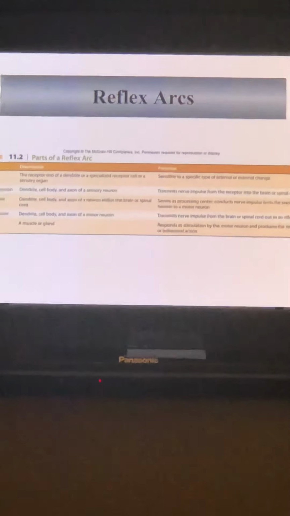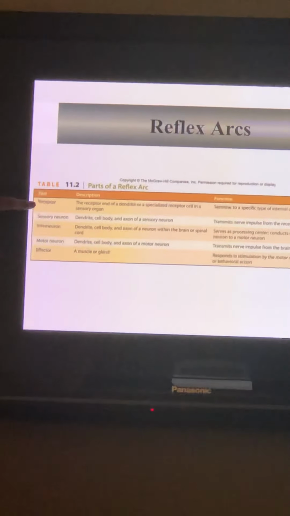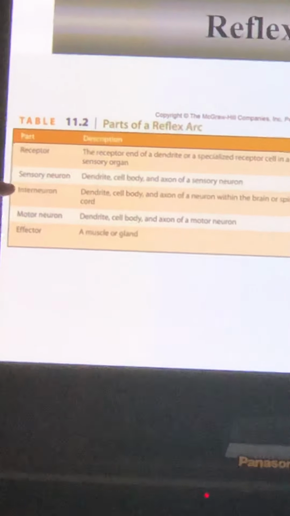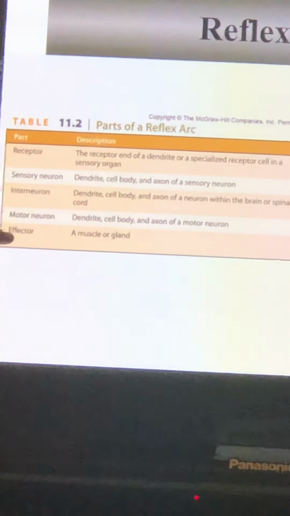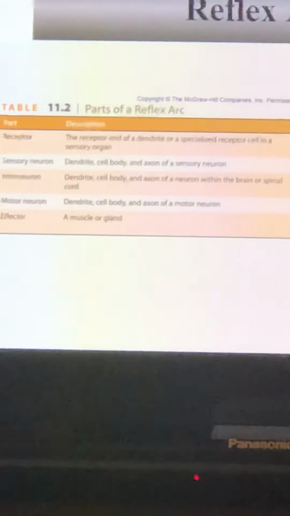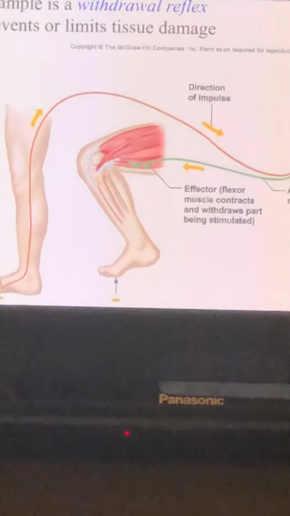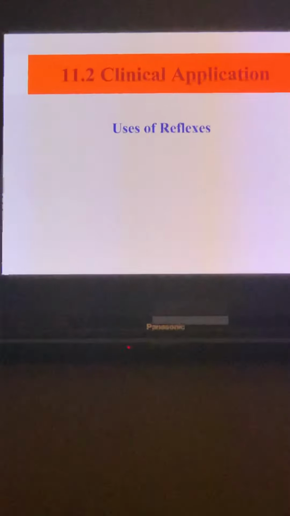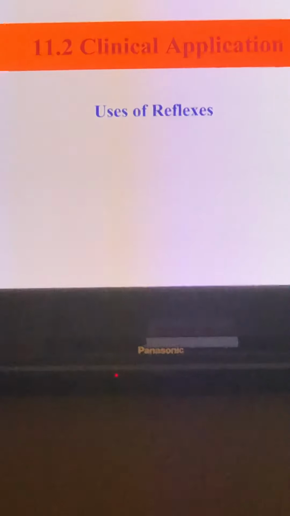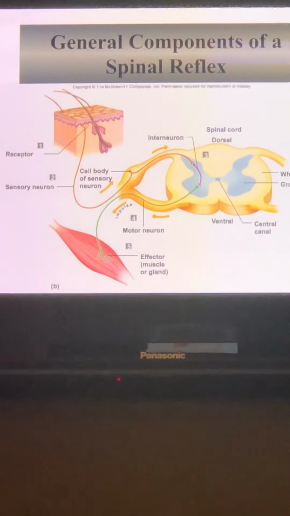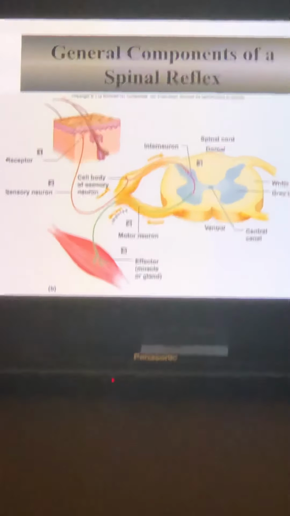Sorry, I'm going backwards and forwards here, but here are the components of a reflex arc: sensory receptor, sensory neuron, interneuron, motor neuron, and effector organ. Okay, but let's just say it right here.